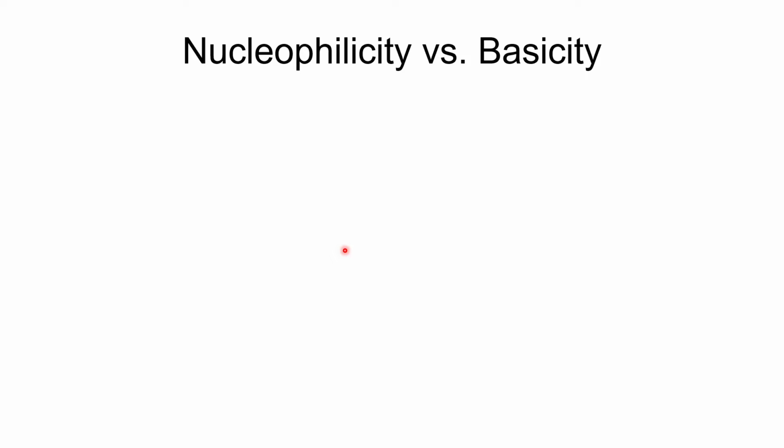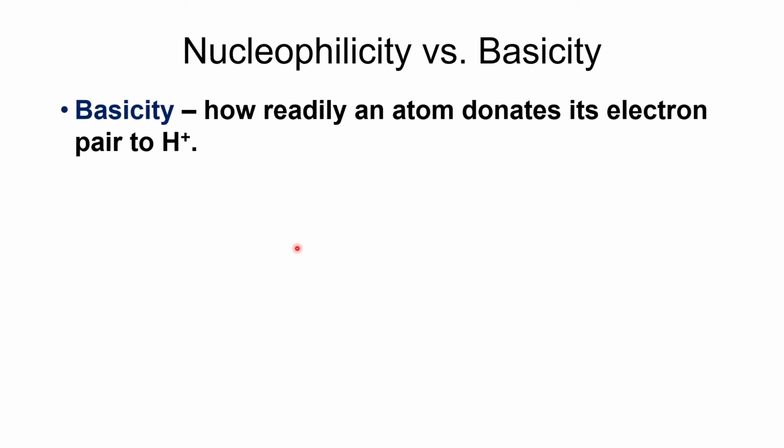So when it comes to nucleophilicity versus basicity, sometimes good bases are good nucleophiles, and at other times, good bases are not good nucleophiles. So it's important to learn what the difference is. Basicity is how readily an atom donates its electron pair to an H+.